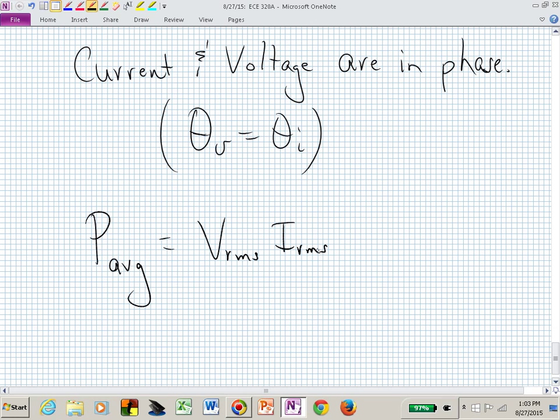And those are two numbers. Those aren't phasors. If they were phasors, you would just pull the magnitude of each. Well, in this case, you could sort of view them as phasors, but the angles are the same, so you don't have to worry about their angles. And now you just have this. And what are the units? Watts for real power.